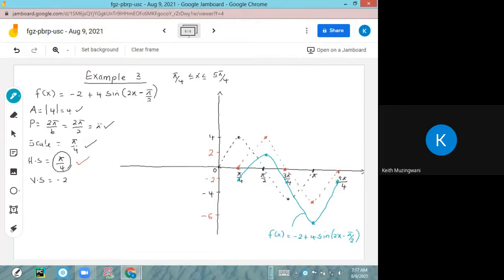I was answering a question of, is there another way of doing this? This is another way. This way requires you to know the amplitude and its meaning. You need to know the period and its meaning, the scale, horizontal shift, and the vertical shift, and you are shifting the original graph of sine.